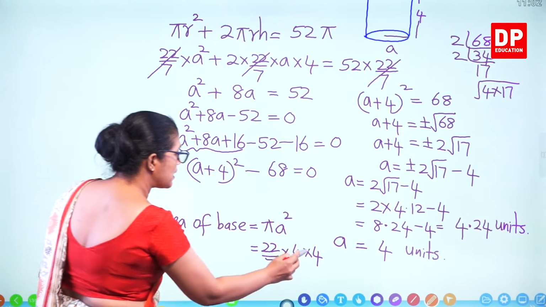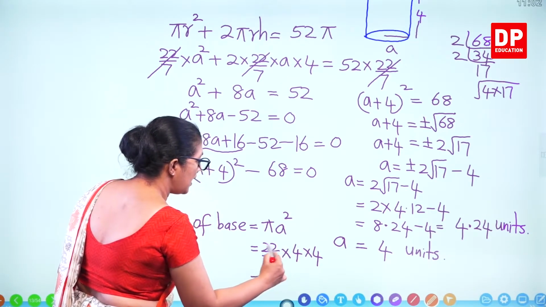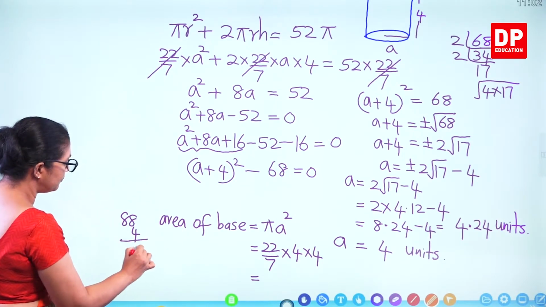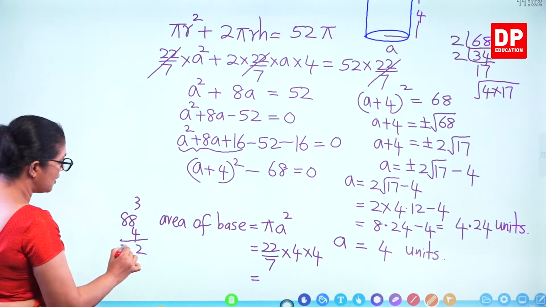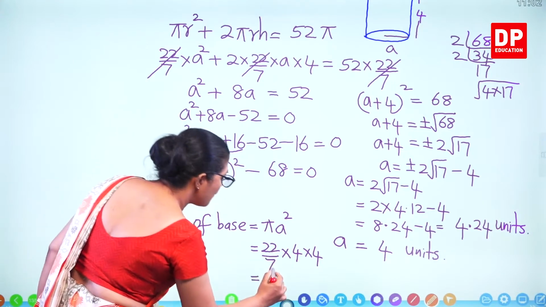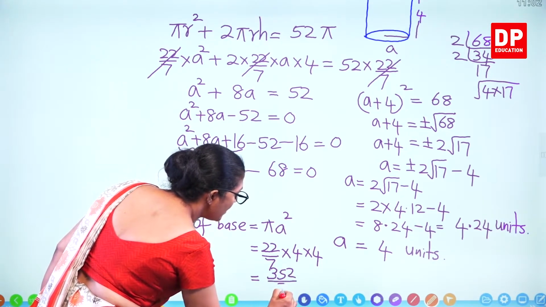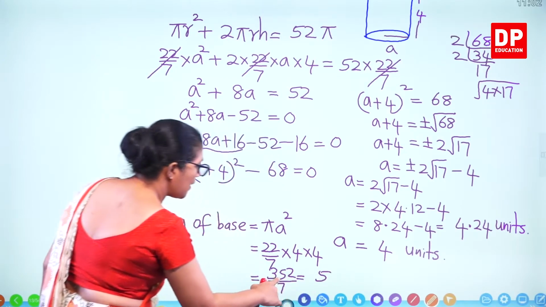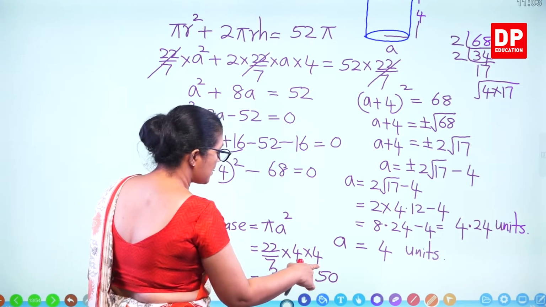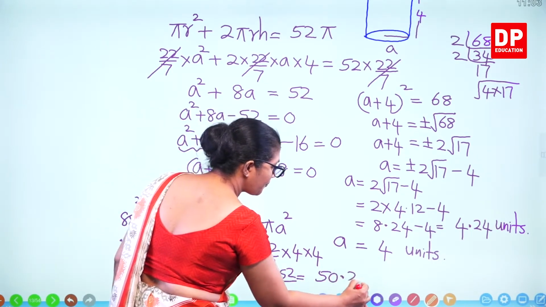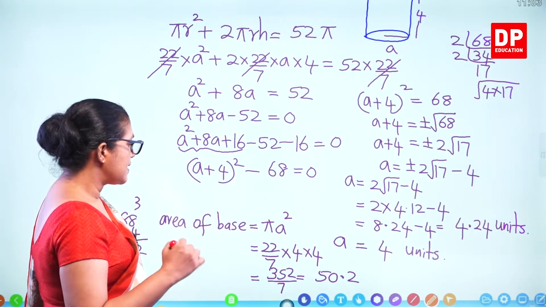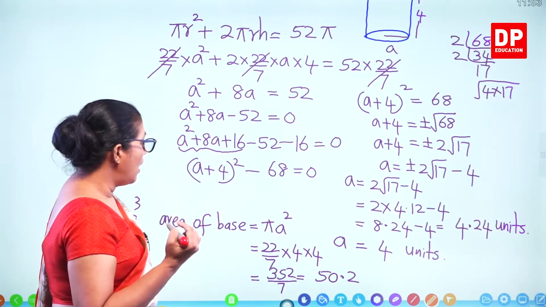So you have to multiply this one. 88 into 4, that's 352. So 352 divided by 7. Here 35, and 0 for 20, that's 7 times 2, 14. So 6 remaining. For 60 again, 7 times 8.